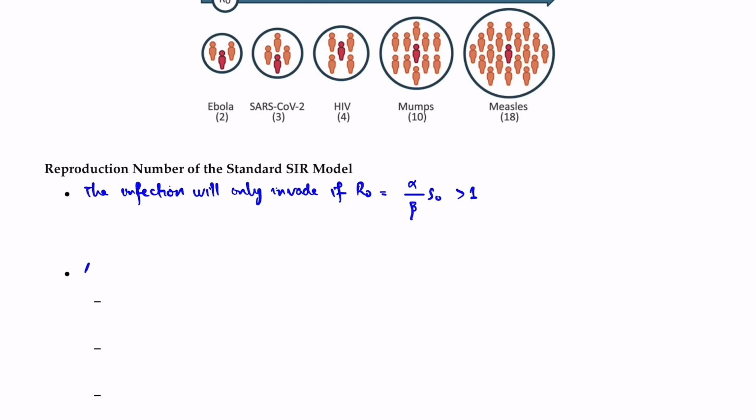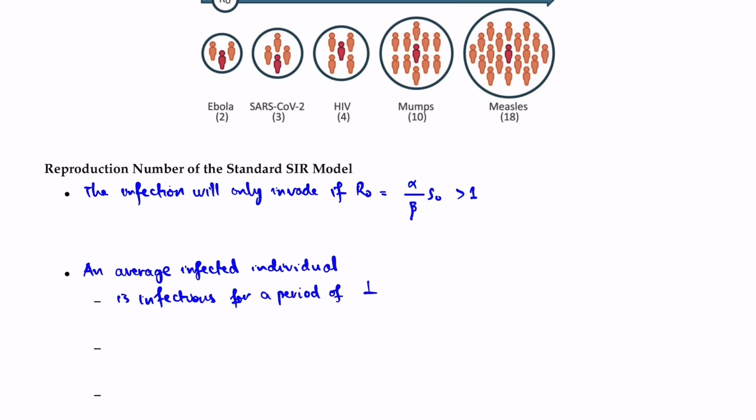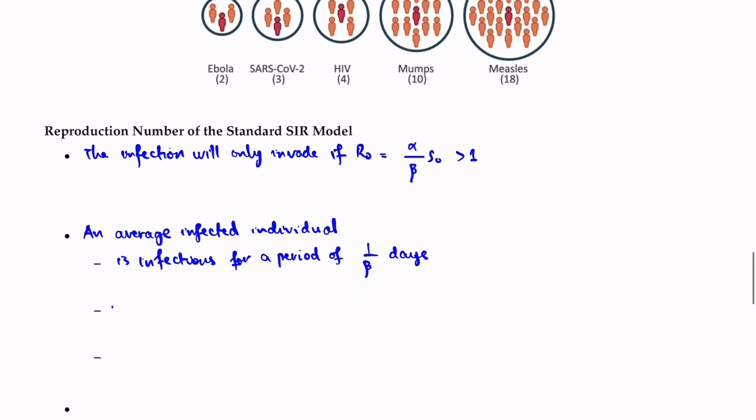So an average infected individual is infectious for a period of 1 over beta days. And the individual can infect alpha times S0 individuals per day.